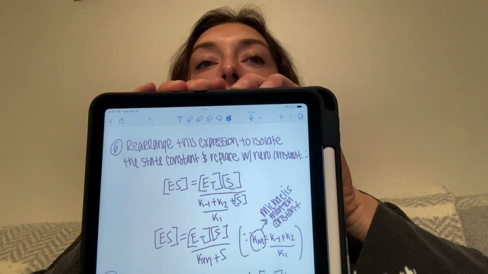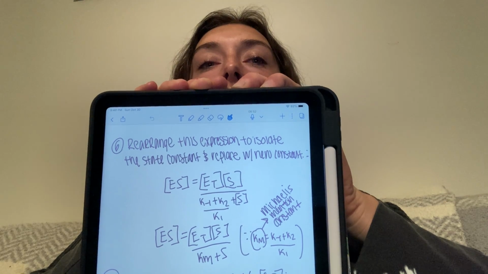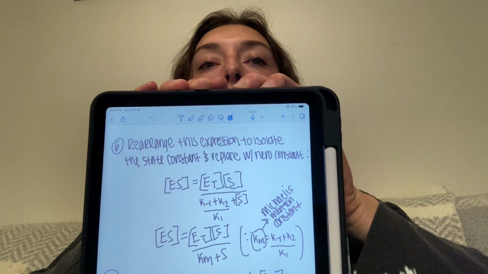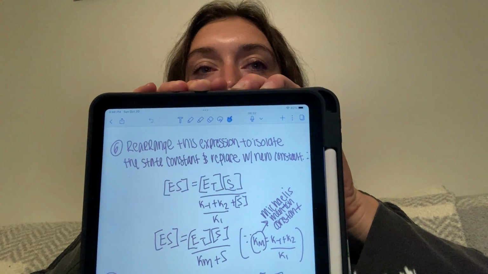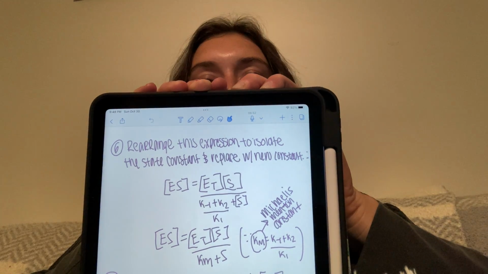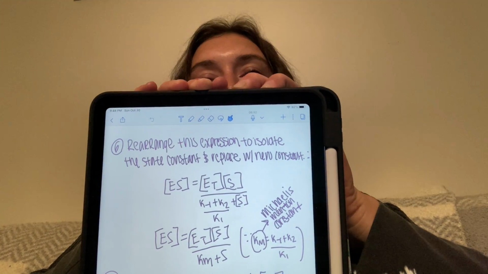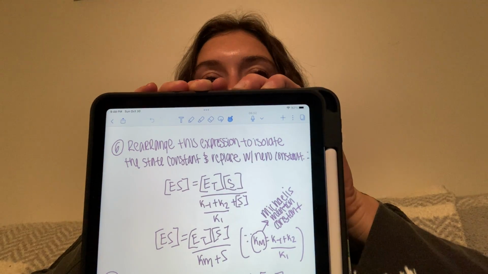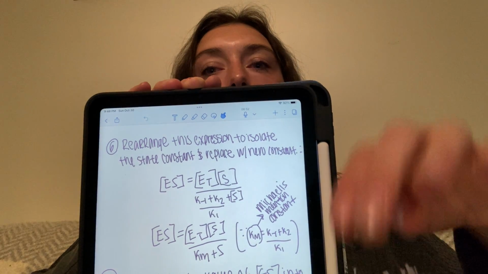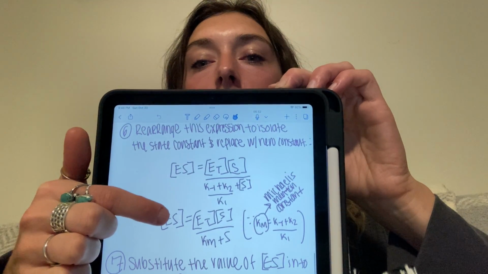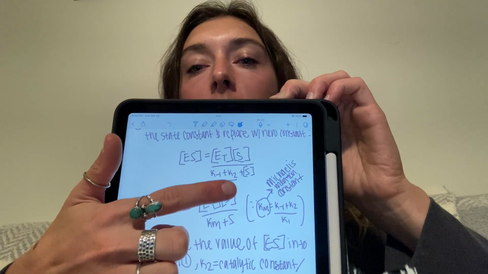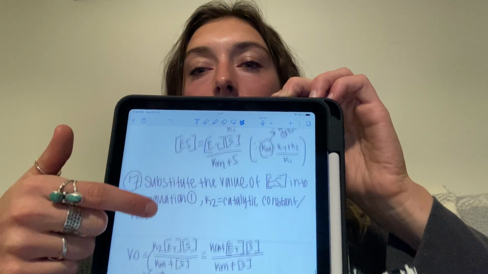So here we have ES equals ET multiplied by S over k-1 plus k2 divided by k1, plus S. Simplified down, ES equals ET multiplied by S divided by Km plus S. Therefore, Km equals k-1 plus k2 over k1. Okay, down to 7. So Km is the Michaelis constant.